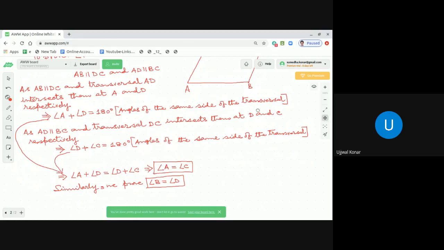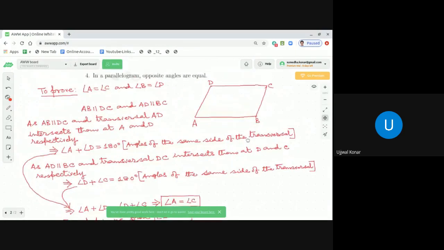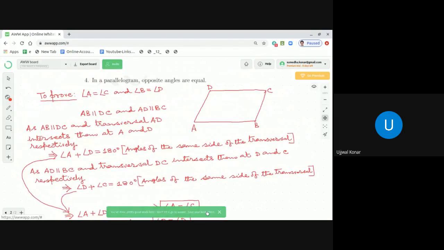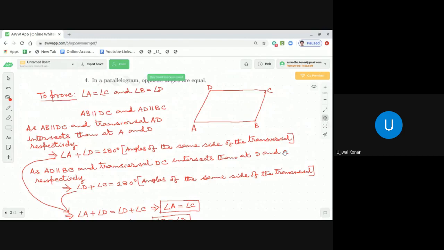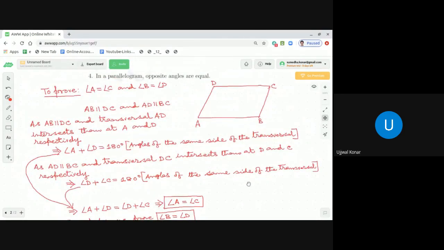Same concepts of two parallel lines and a transversal. Correct, dear students? Everything is clear? Any doubt at any point of time, do let me know. Let me go to the next property. So the fourth property was what? In a parallelogram, opposite angles are equal.